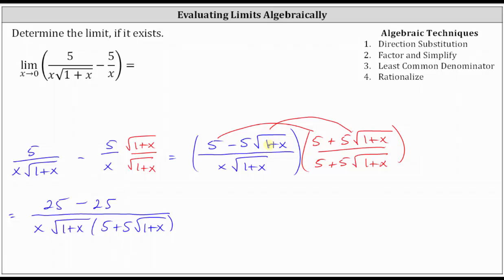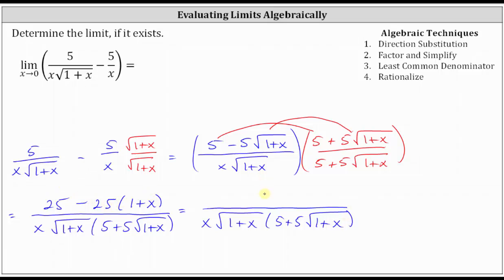And then square root of the quantity 1 plus x times itself is just going to give us the quantity 1 plus x. Let's go ahead and simplify the numerator. We have 25 minus 25 minus 25x, which simplifies to negative 25x.